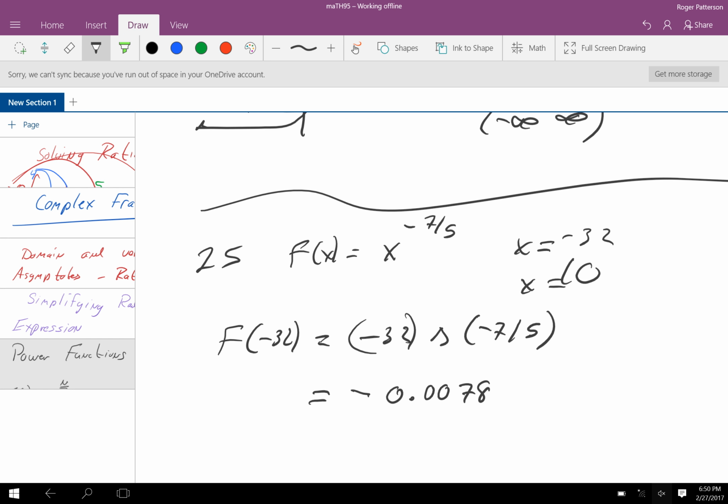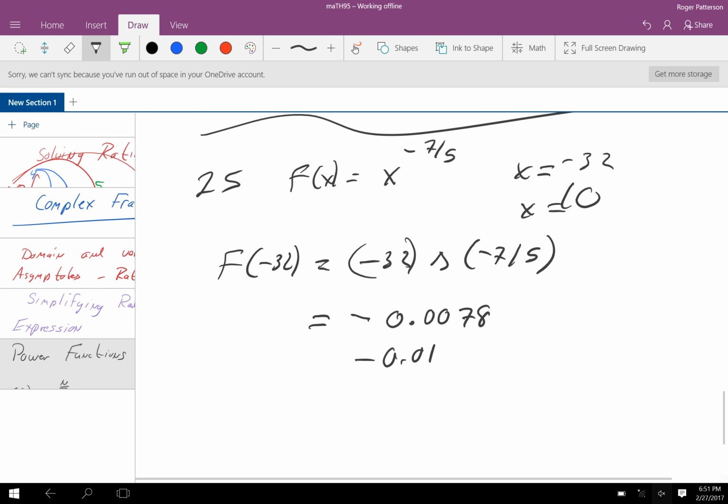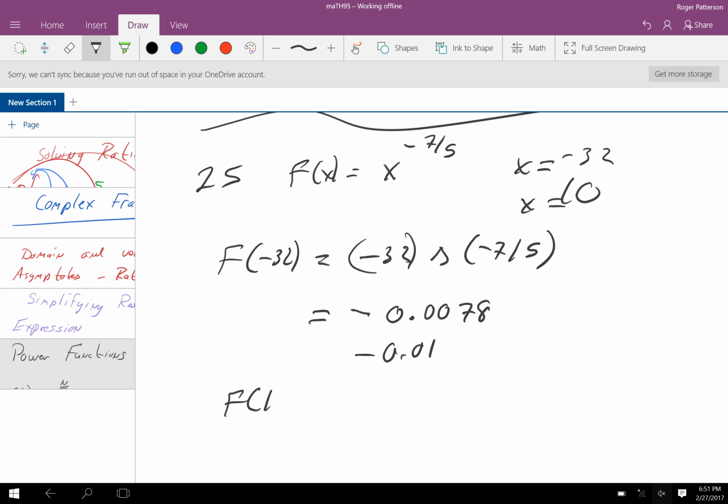Approximate the answer to the nearest hundredth. Then I would do the same thing with this one, making sure that I put parentheses around that 7/5 so it takes it to the whole power. I don't need parentheses around the 10 because it's positive. When it's negative, I probably should.